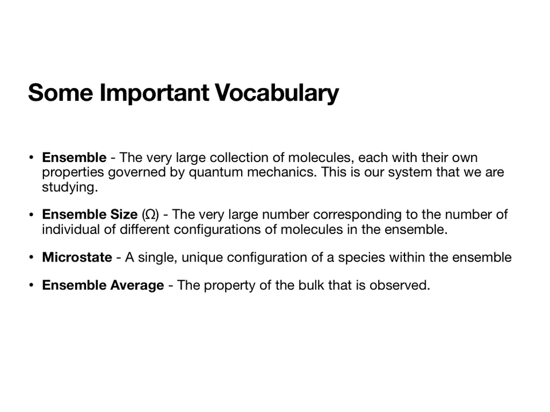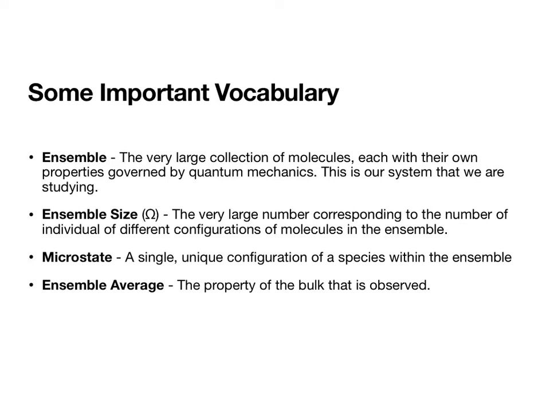Okay, so let's get some more vocab under our belt. The ensemble. The ensemble is a large collection of molecules, and large can actually be pretty small. But remember, we talked in the last video that if we can see our sample, that is so much larger than individual molecules that we are into the bulk.